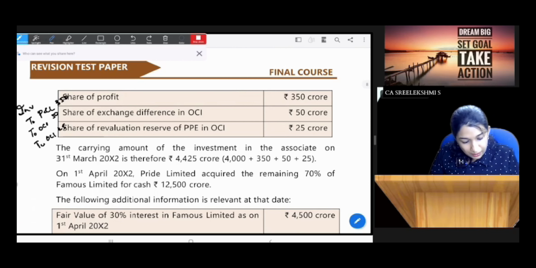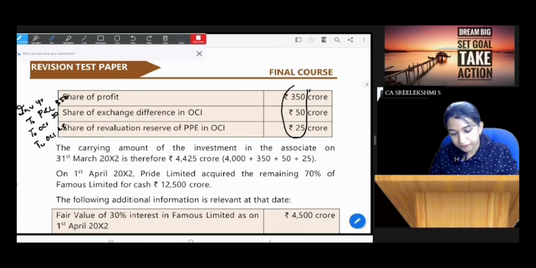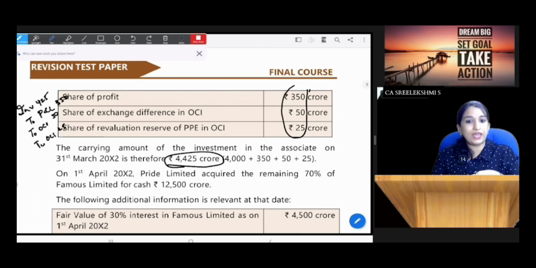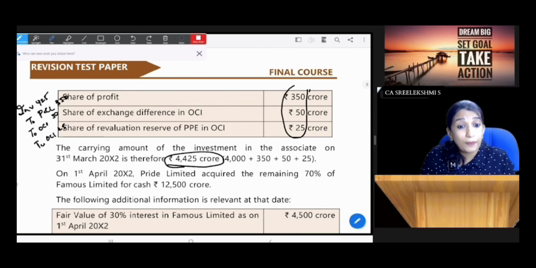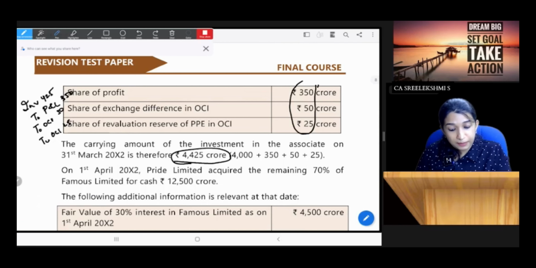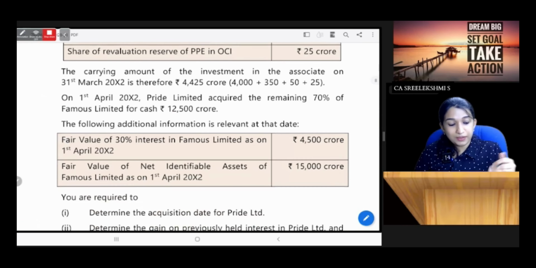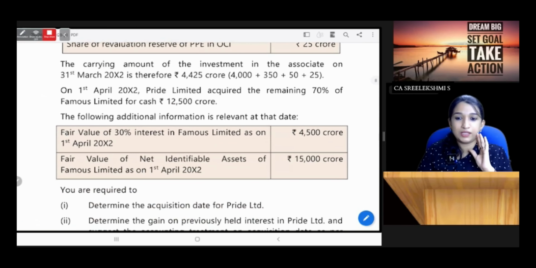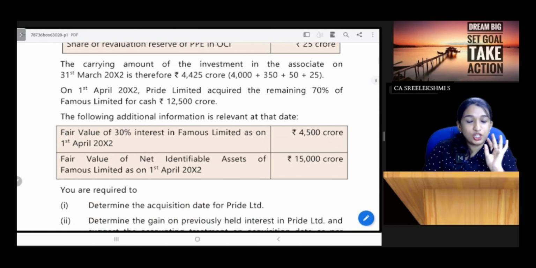So investment will be debited with this much, 425. The carrying amount of investment, 4,000, is already there, plus the additional amount added: 4,425.